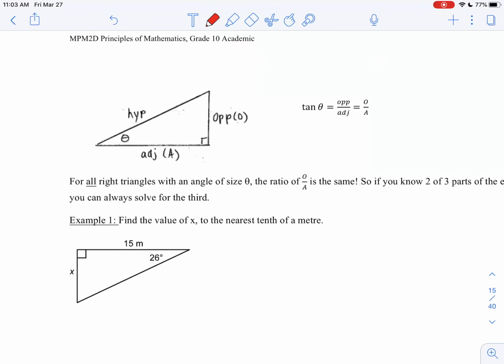So in general, what we say is tan ratio uses the opposite and the adjacent side. Can you highlight this, or put a big star beside it? We're going to use this over and over again. Another way to think of this is called TOA: tan, opposite, and adjacent.